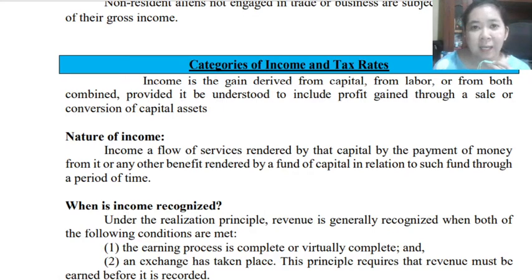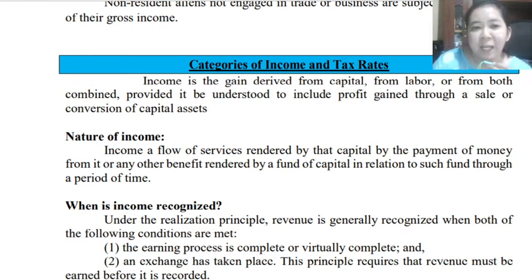So again, income may be coming from the profit that you gained from doing business by selling goods or rendering of services to your customers. Income coming from your salary from working as an employee to your employer, and income coming from the sale of your capital assets. So those are the main sources of income of an individual.